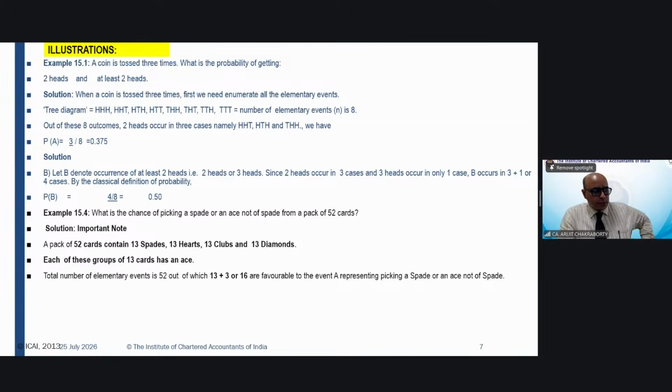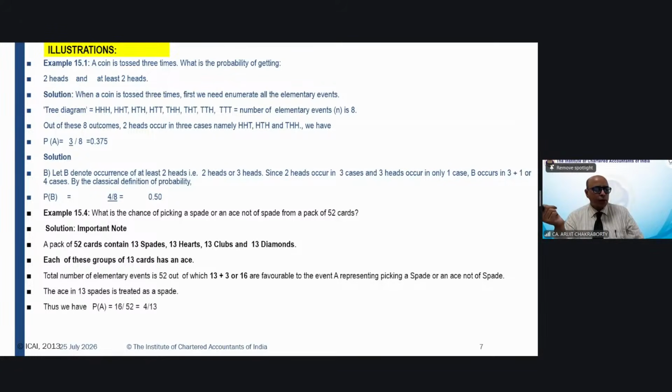The question is, what is the chance of picking a spade or an ace which is not from spade? So that means here we find what is the chance of picking a spade? Well, the chance of picking a spade is 13, because 13 spades are there out of 52. And therefore, we can say the total number of elementary events is 52, out of which picking a spade or an ace not of spade, the possible number of events will be 16.